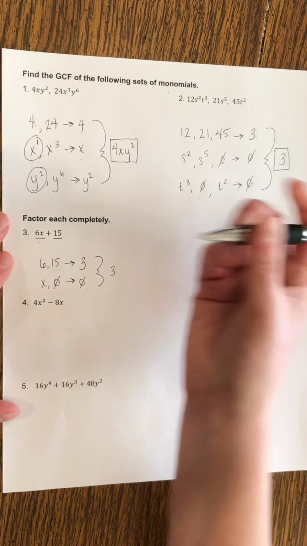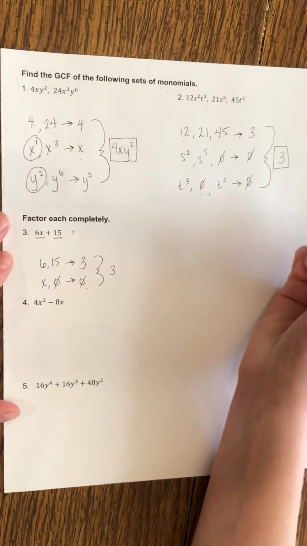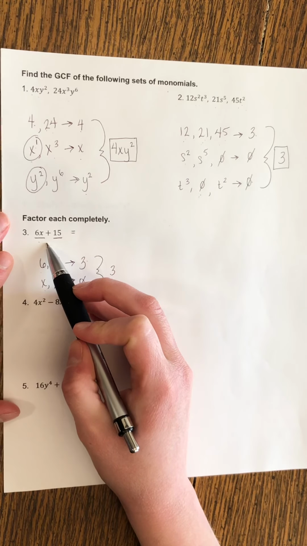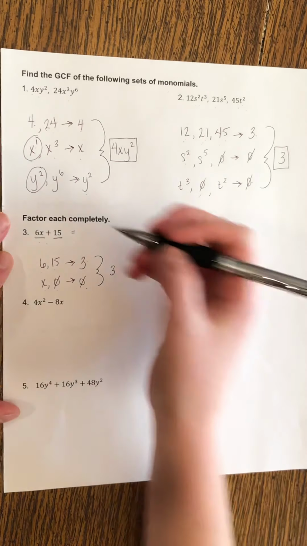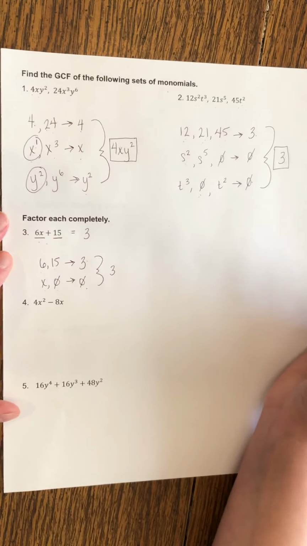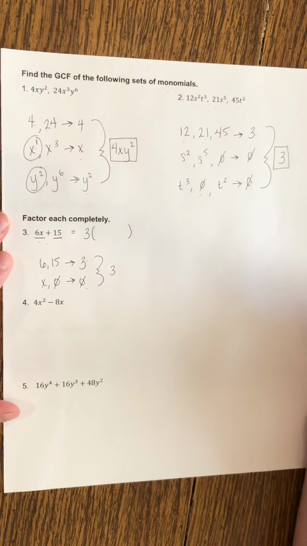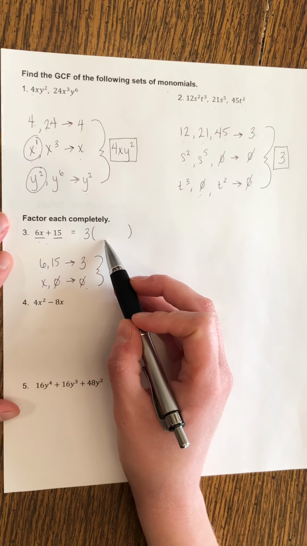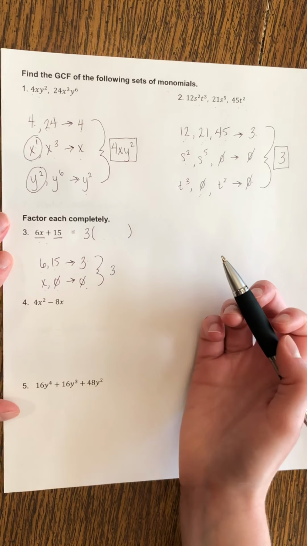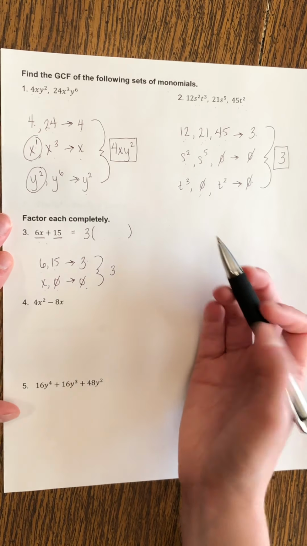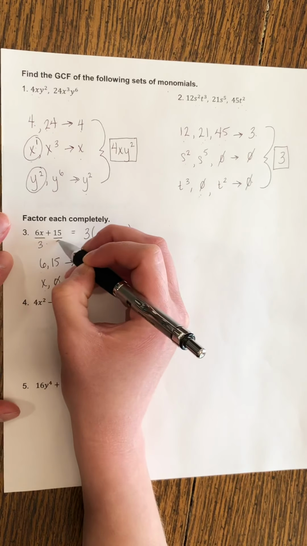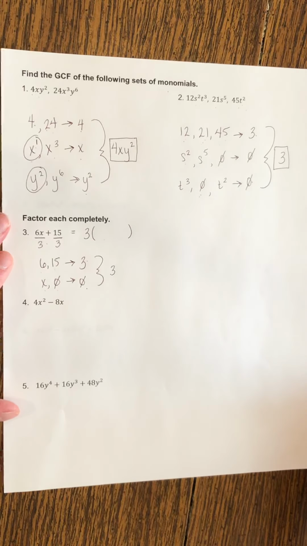What we're going to do now, which is a little bit different than what we were doing up above, is I'm going to ask you to rewrite this by factoring out the GCF. So what that's going to look like is we're going to put the GCF after the equal sign. And after the 3, after the GCF, I'm going to put a set of parentheses. Now, to determine what goes into the set of parentheses, we're going to divide every term in this expression by the GCF.